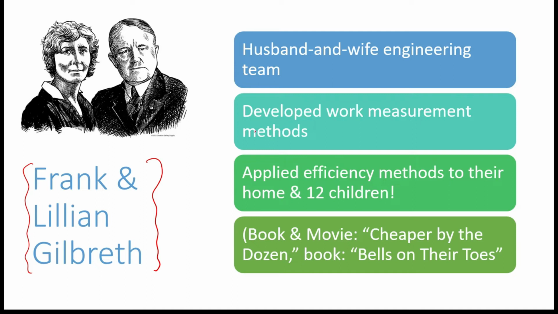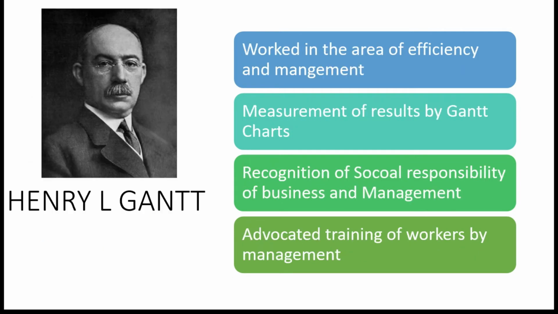See, they were mainly consultants and they developed methods to measure the time required to do each work. And they applied the same efficiency methods to their children. And there are several books and movies based on their works.